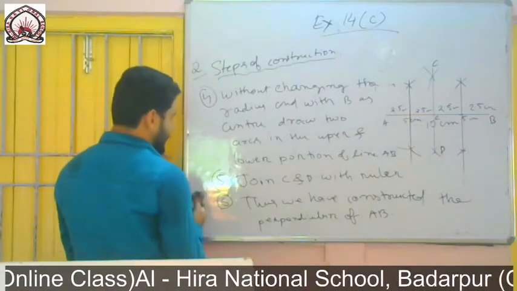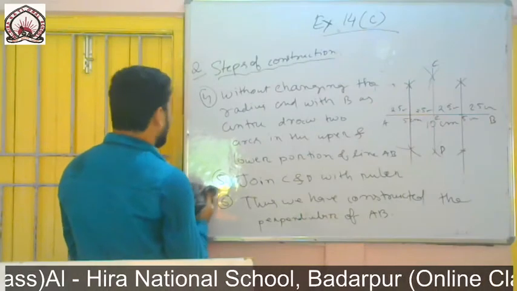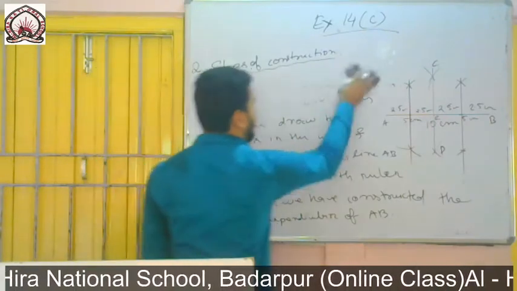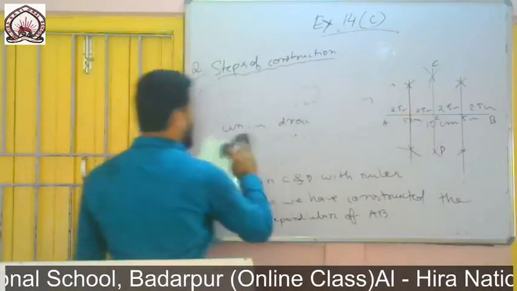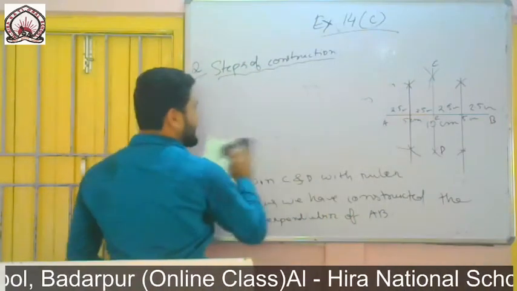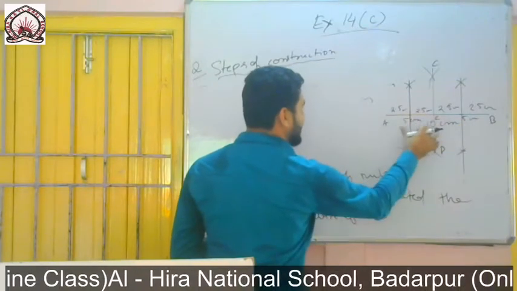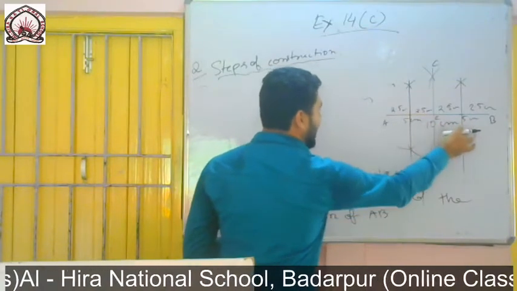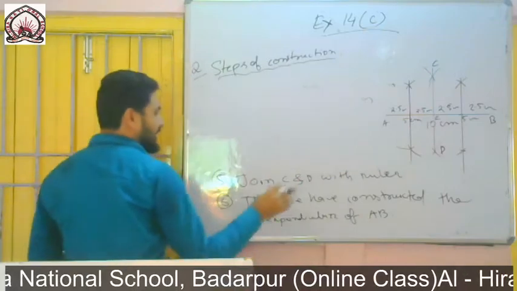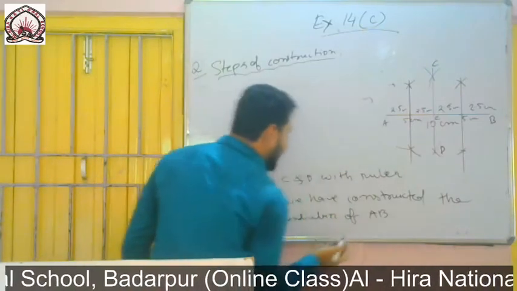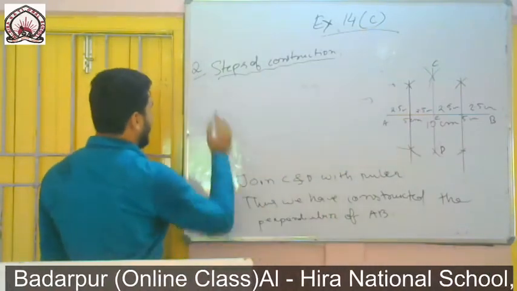So after 6, you write step 7. Actually, we have done the same things at A and B, so we do the same things at A and D, and for E and D also, so there is no need to write again.